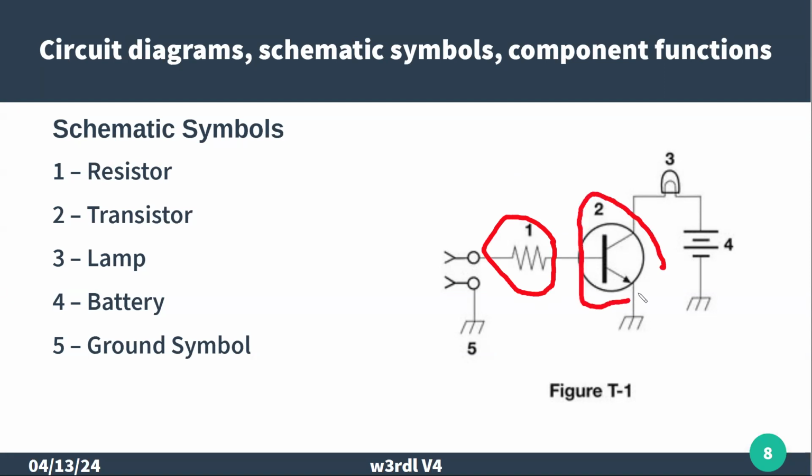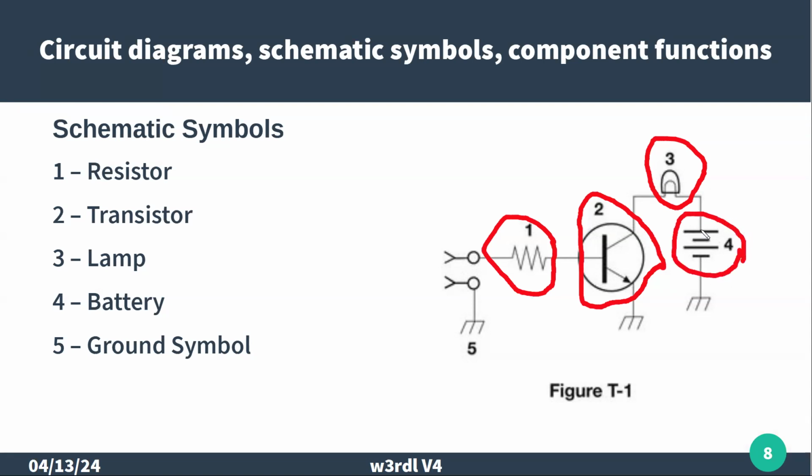In this case, remember, it's a bipolar junction transistor. Three is a lamp, not something you see too often anymore. This would be like a little pilot light, similar to what you see in a non-LED flashlight. And symbol number four is a battery.